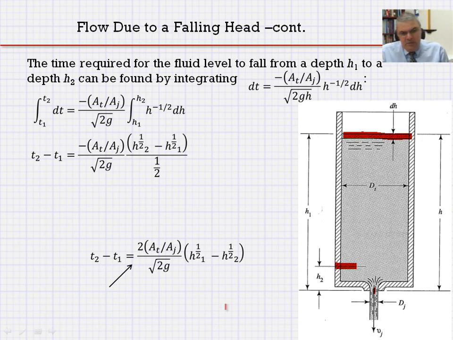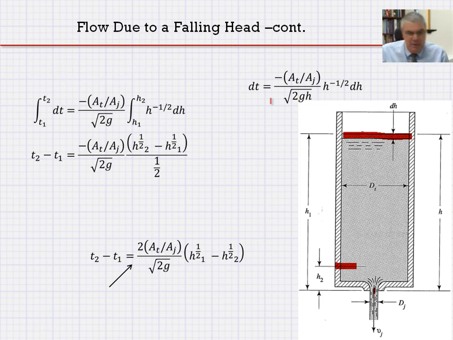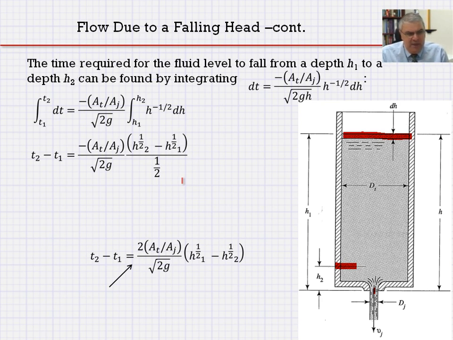We calculate that time by going back to this equation. Again, these are not that trivial at first, but let me go back and take a closer look at the falling head in this case.